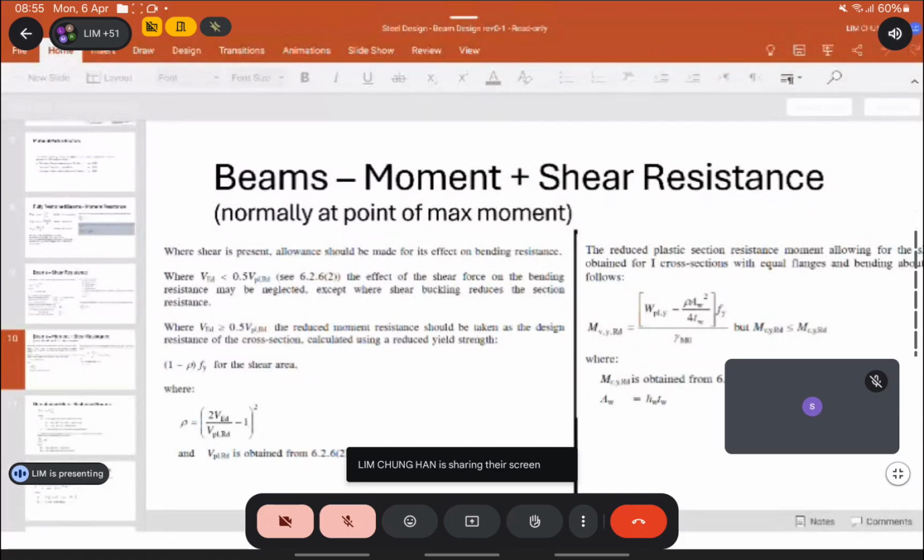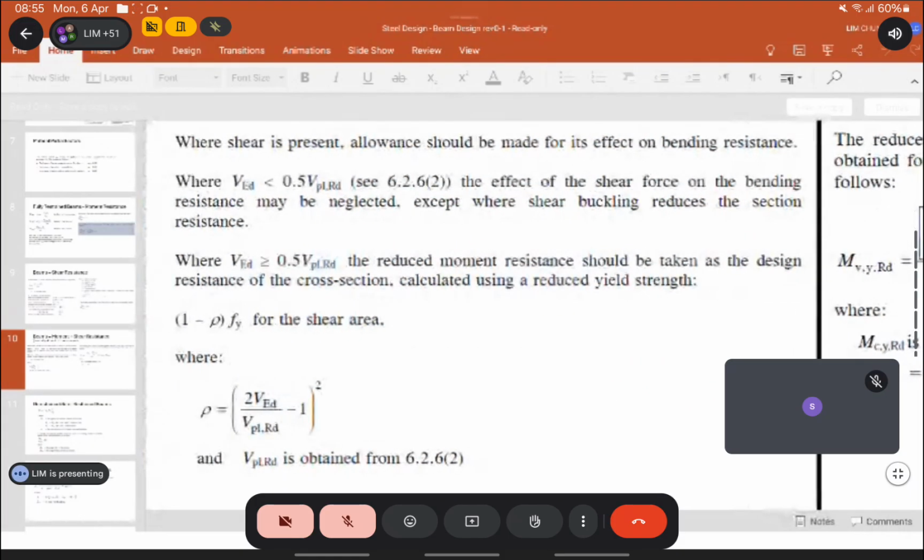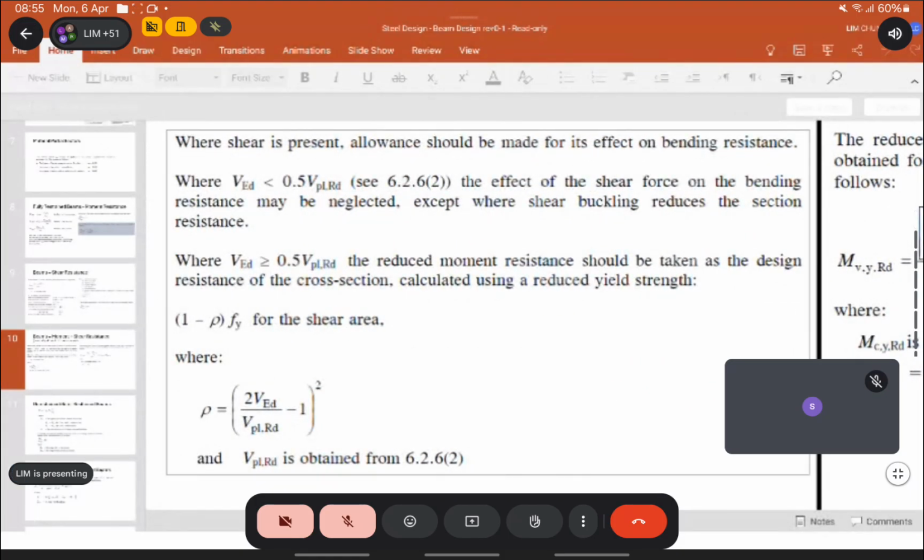Okay, now if you do need to do this check. Can you see my screen? Yeah? Okay, all right.